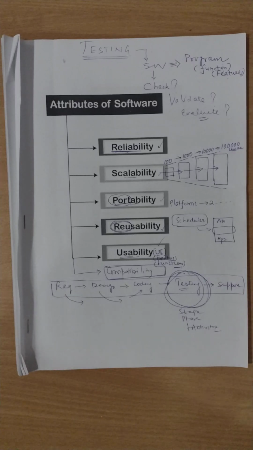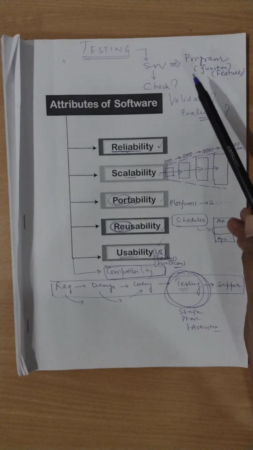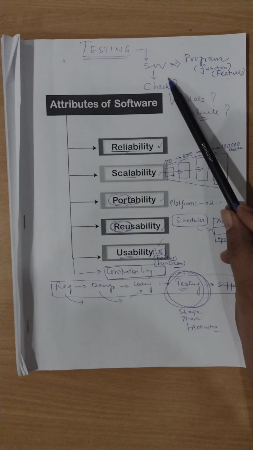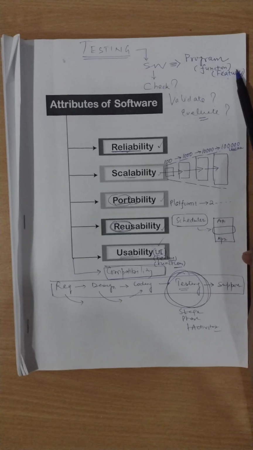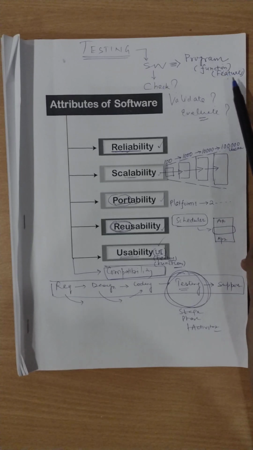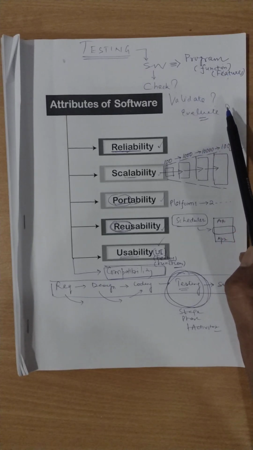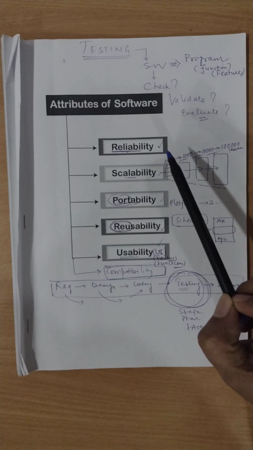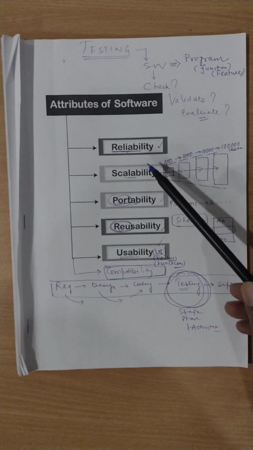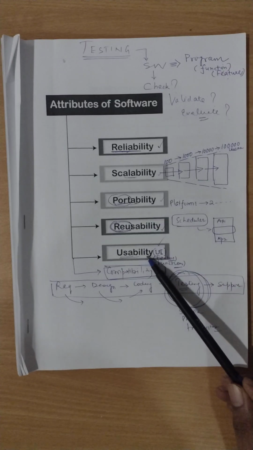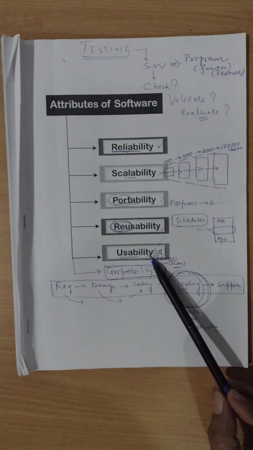So what is testing? Testing is where a software, program, function and features are checked, validated and evaluated to ensure that the following attributes of the software are achieved.